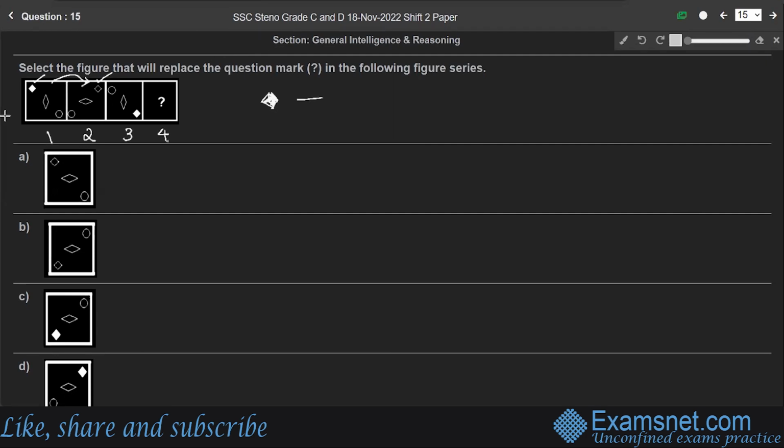Therefore, this shape changes its position in a clockwise manner. In the third figure, again it is shaded. Therefore, this shape is alternately shaded.